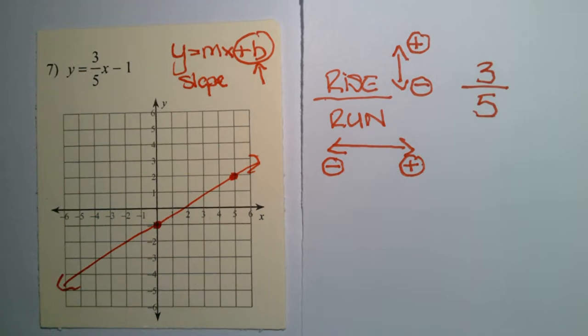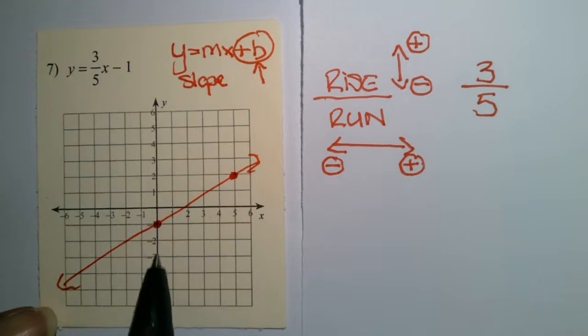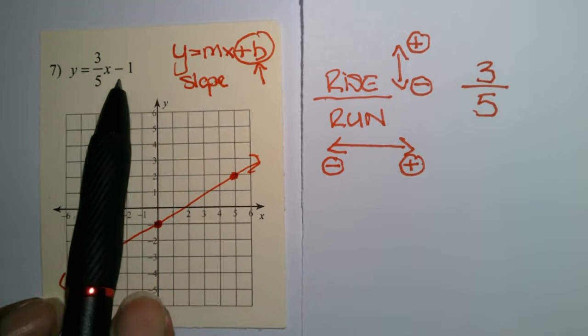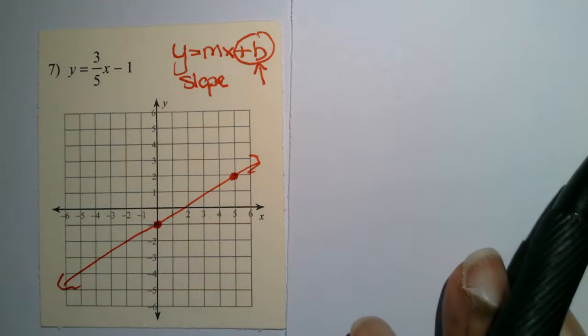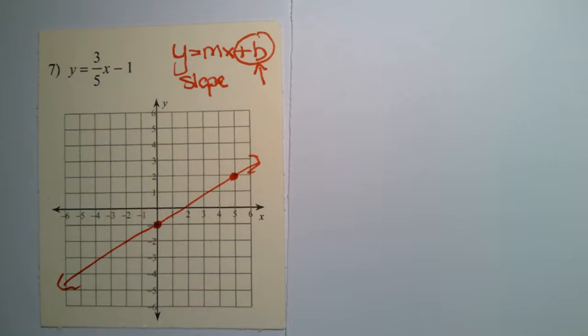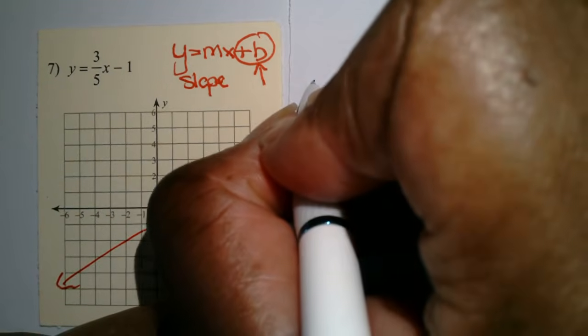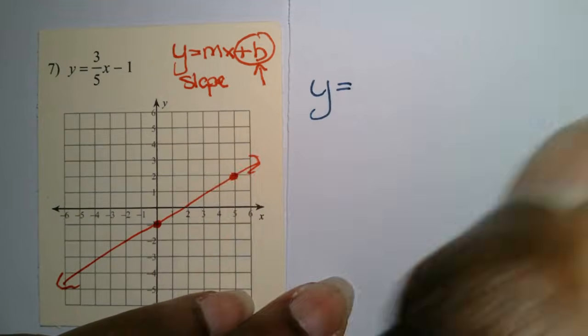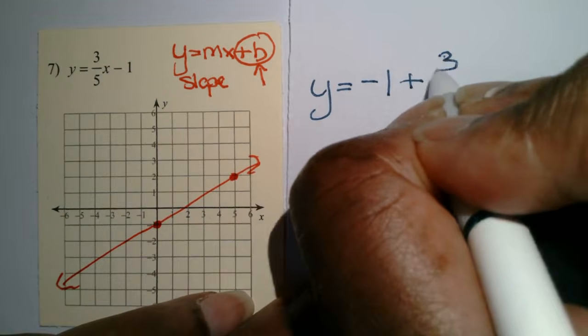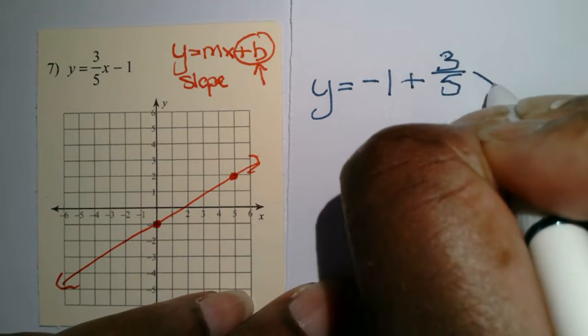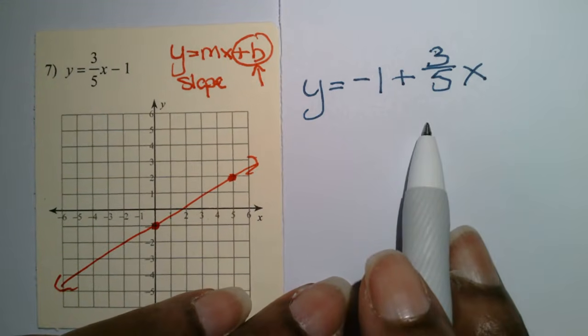All right. So, where do you start? If it's in slope-intercept form, even if it wasn't exact. Here we go, devil's advocate. Ready? So we have y equals -1 plus 3/5 x. What happens if they present it like that?